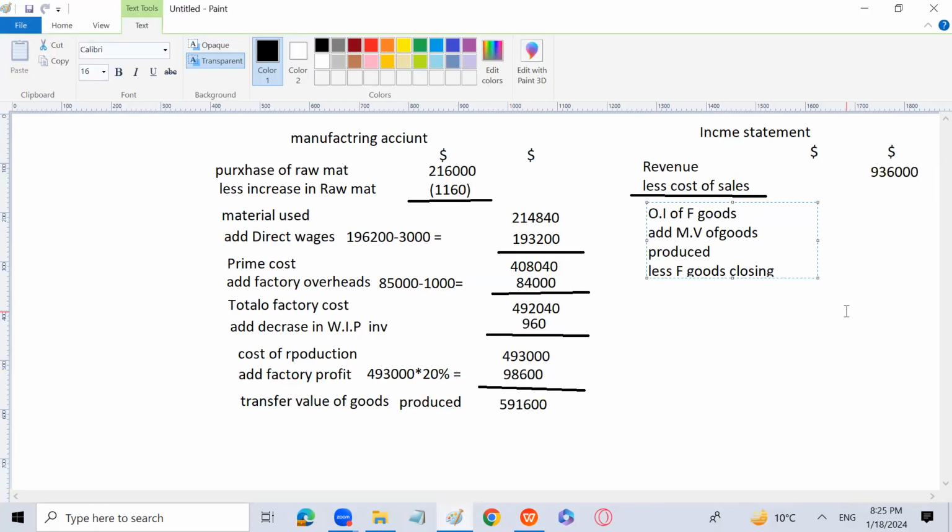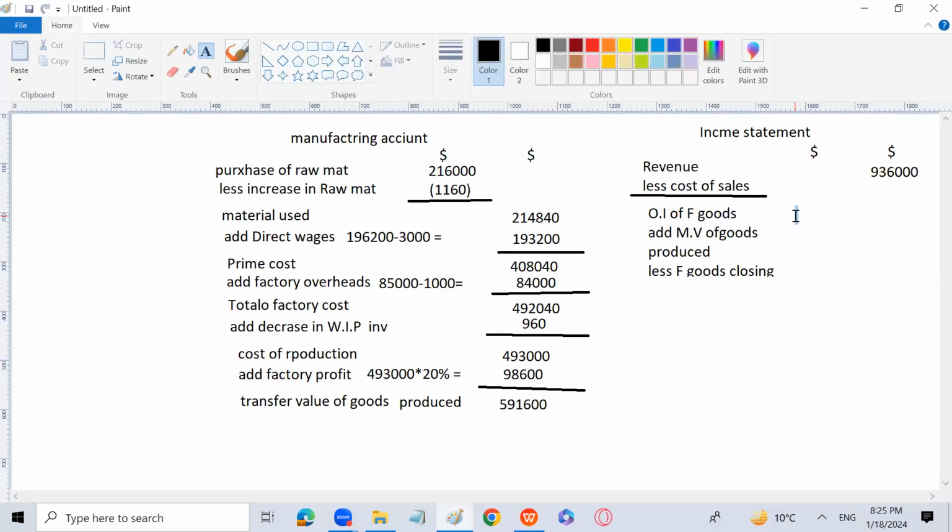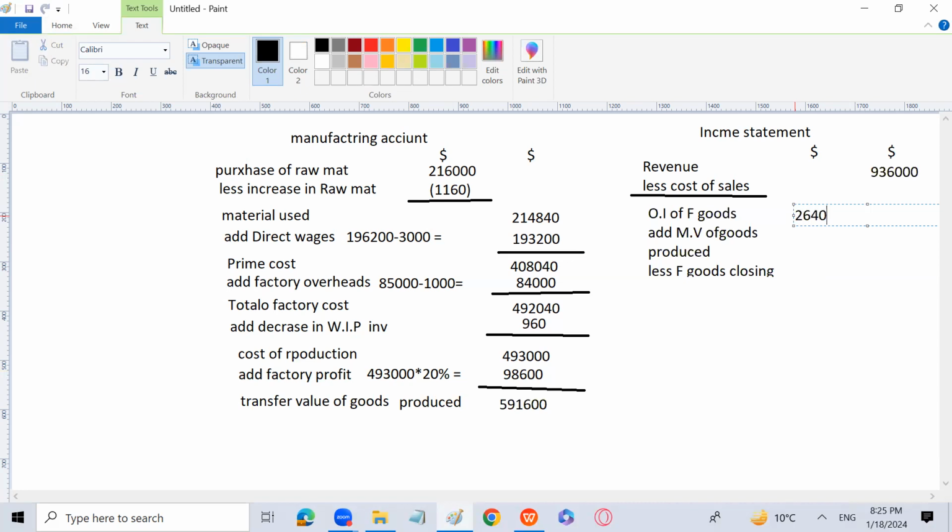We have played with these amounts at the very start of the question. 26,400. Add market value of goods produced, we have calculated from the manufacturing account, that is 591,600. Then finished goods closing at transfer price, we have calculated that is going to be 30,000.